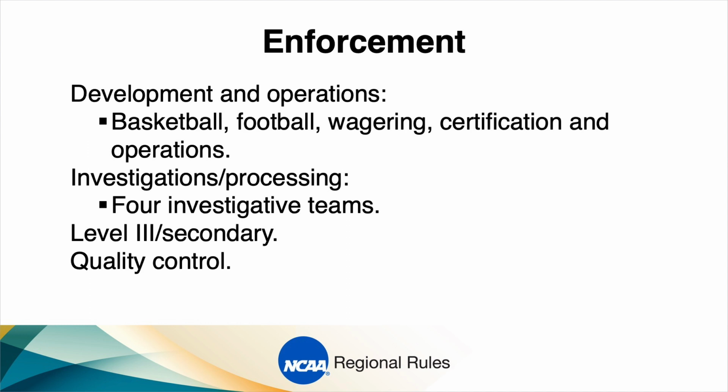The Enforcement Level 3 secondary staff may be a staff that you will come into contact with the most. This staff reviews and processes all secondary Level 3 cases that are submitted by the NCAA membership across all sports and divisions. The last part of our staff is made up by the individuals in our quality control group.